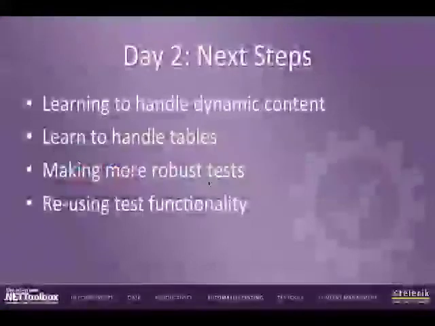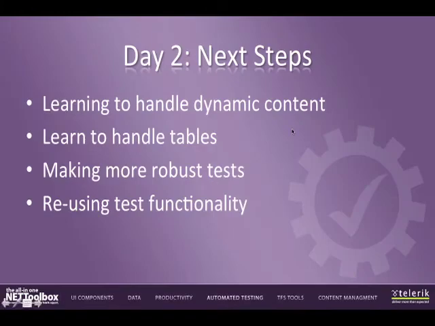Alright, so today we talked a lot about dynamic content. I showed you a number of different ways to deal with dynamic content. We moved into working with tables. And as part of working with the tables, my goal was to show you that sometimes diving down to code or looking more differently at how you're building up your verifications, you can build a lot more robust tests which aren't hardwired into specific locations on the screen.